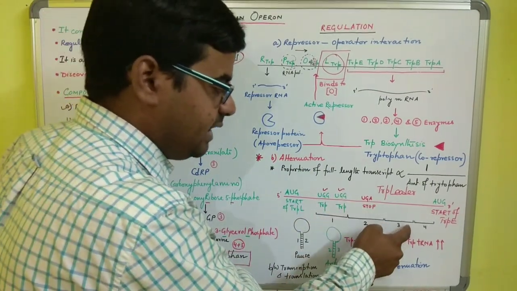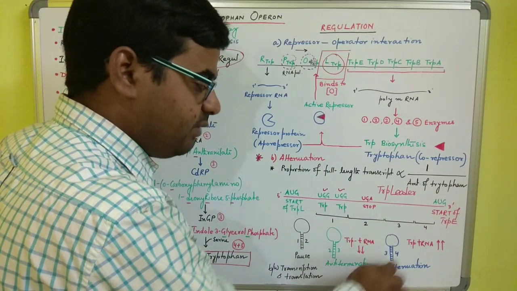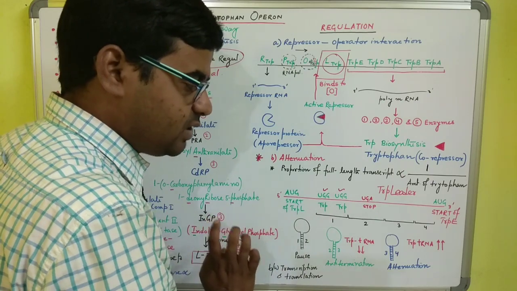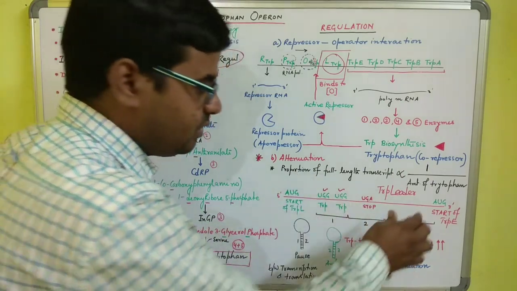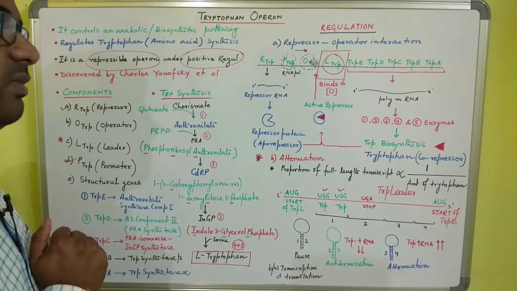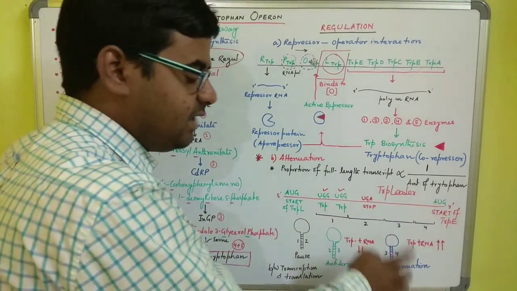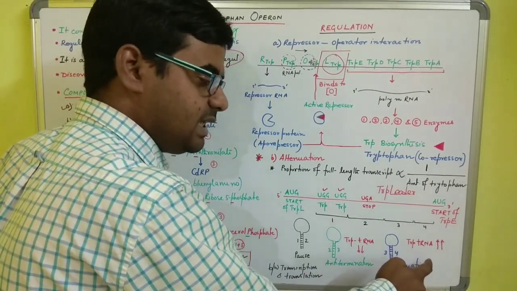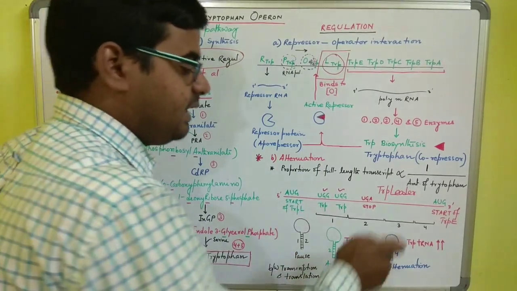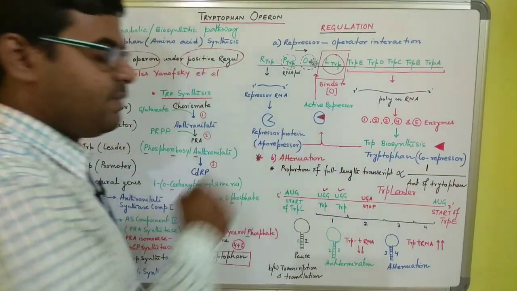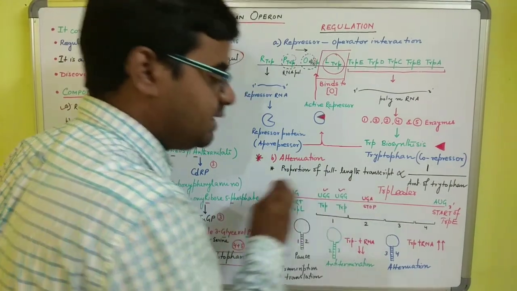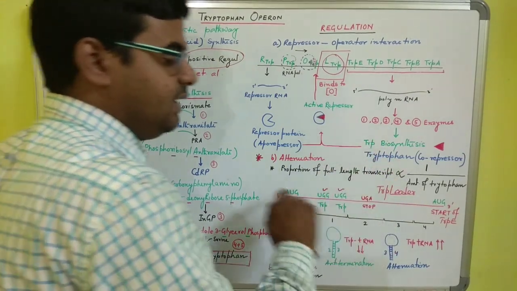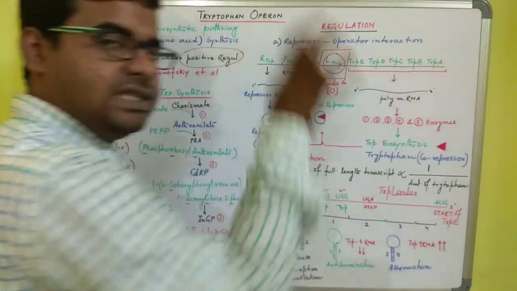As a result, 3 and 4 are free to pair with each other, but as the ribosome is present in the second region, 2 cannot pair with 3, so 3 and 4 form the secondary structure. As a result, it gives an attenuation signal, because tryptophan is already present and the tryptophan tRNA can be formed. 3 and 4 form the stem loop structure, it provides the attenuation signal, and transcription of these structural genes is inhibited.